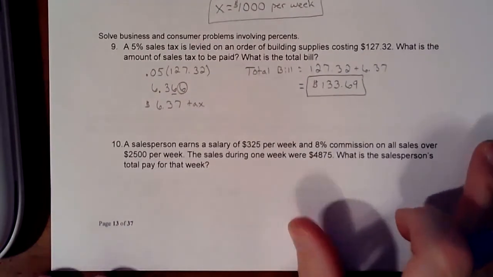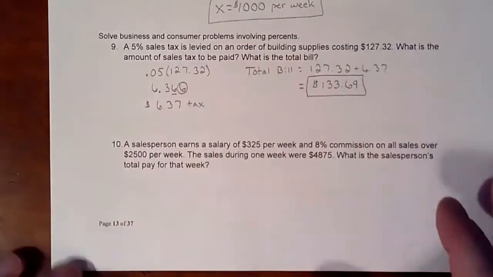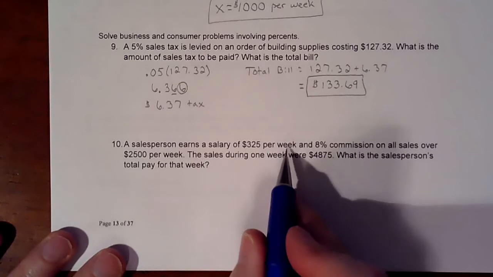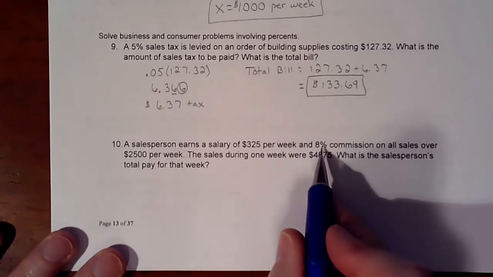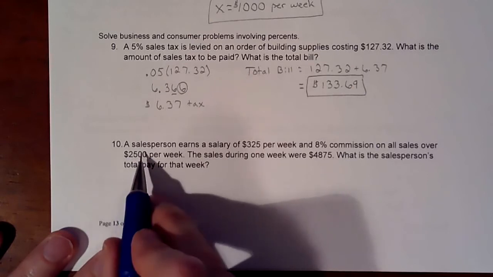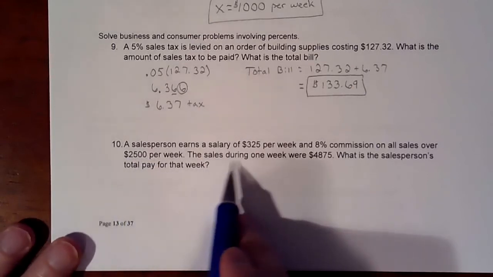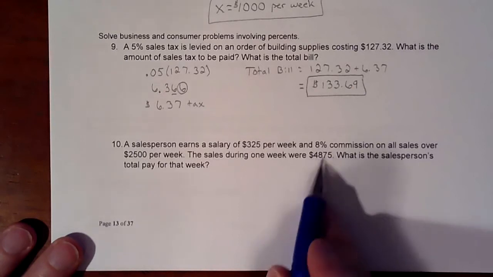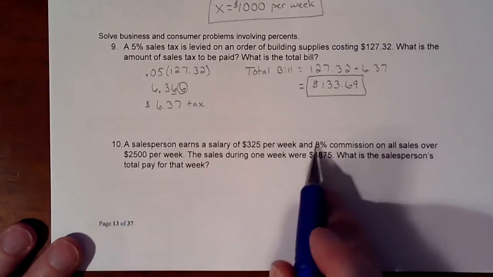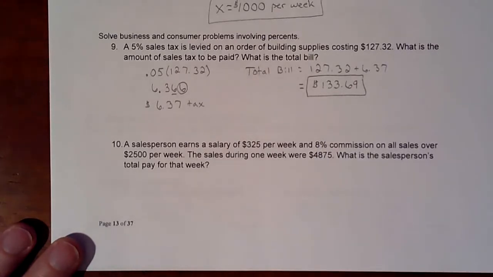All right, one last. So we have a salesperson is earning a salary of $325 per week, plus an 8% commission on all sales over $2,500. Okay, the sales during 1 week was this amount, $2,548.75, which is over $2,500. So we're going to get some commission added on to our check.